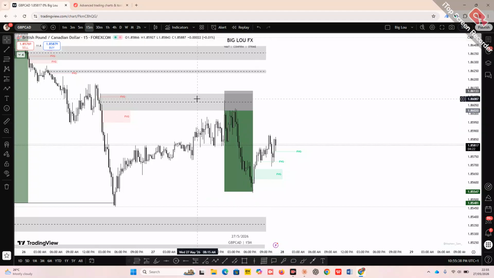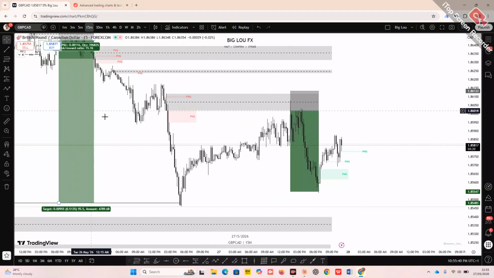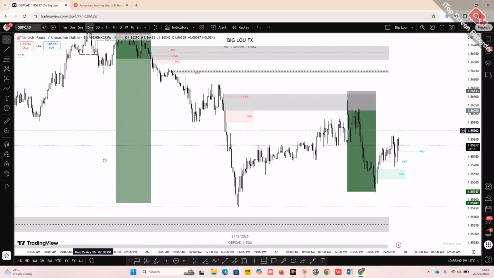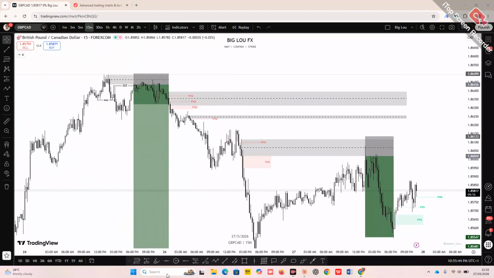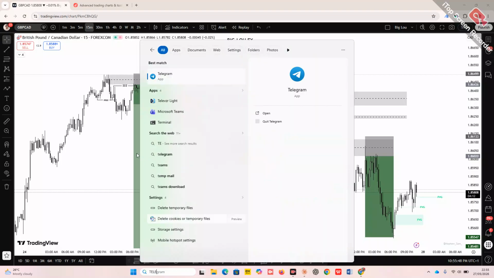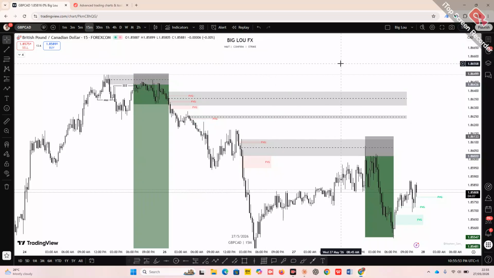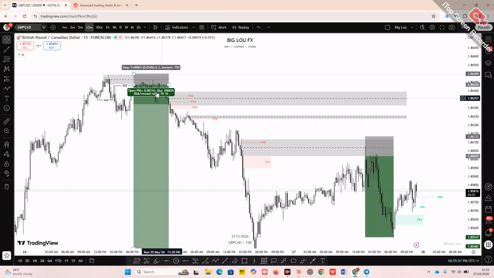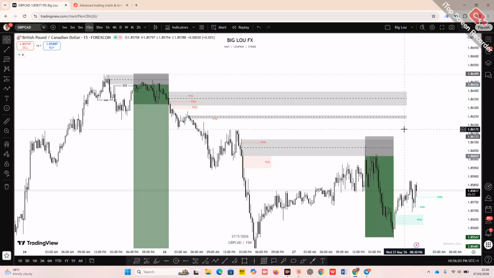All right. I said I'll show you guys where I took this trade so that you can verify and confirm that I actually took the trade. I think I have it on my Telegram. So I'm going to quickly go to my Telegram. We are going to see where I executed this trade. But there was an issue with this trade, not from me, because I actually took my trade.